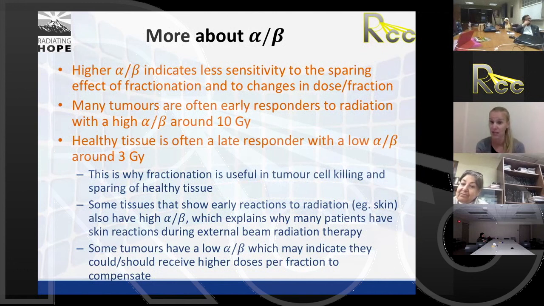So it's actually a late responder. So those tumours that have that low alpha-beta ratio could, or should possibly, receive higher doses of radiation per fraction to compensate for being a late responder to radiation. These are the type of things that we consider when we start to look at prescribing systems and fractionation schedules.